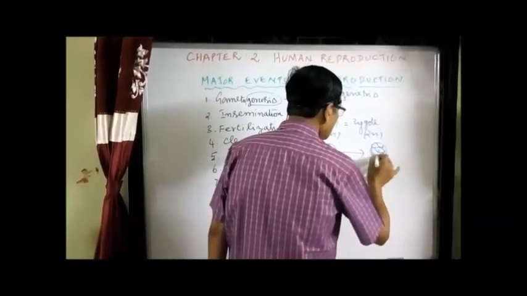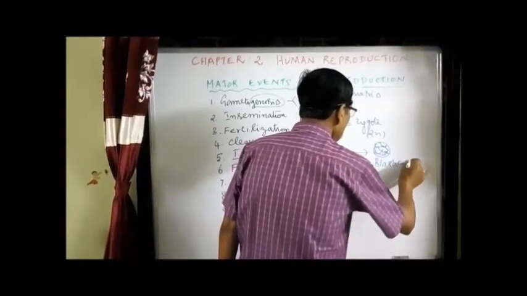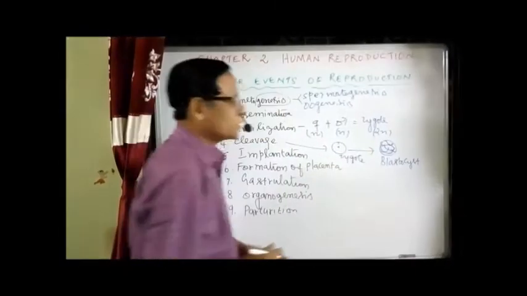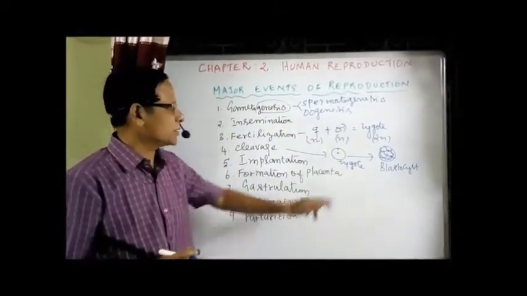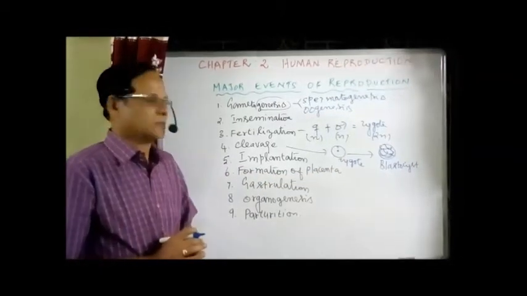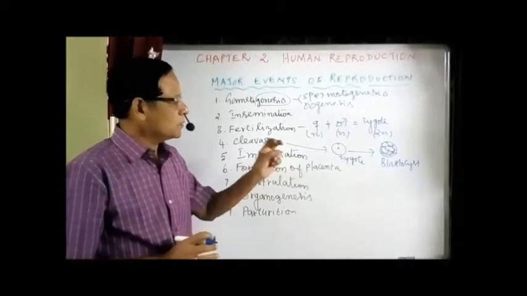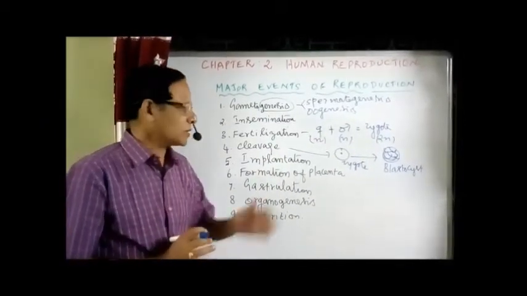So this is a multicellular structure called blastocyst. In the case of other animals, there is formation of blastula, a spherical ball of cells by the repeated division of zygote. But in the case of human beings, the blastula is called blastocyst. It's not called blastula, blastocyst.